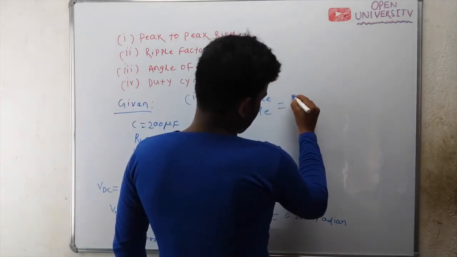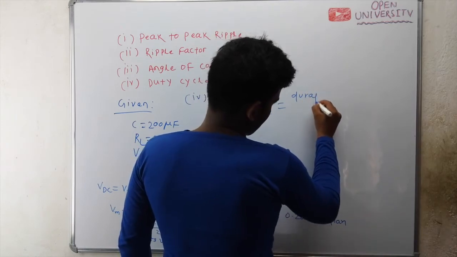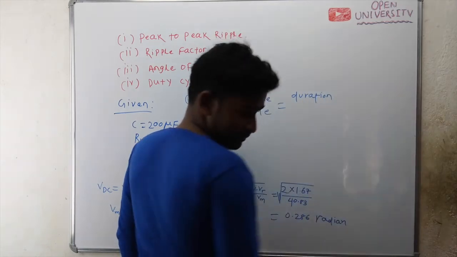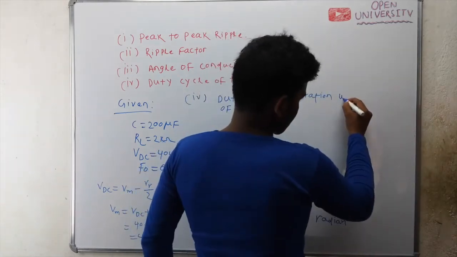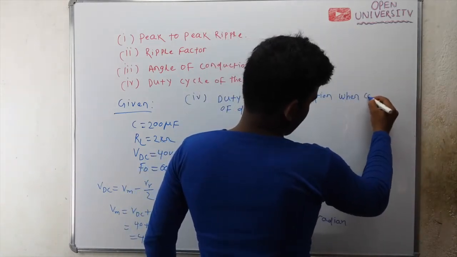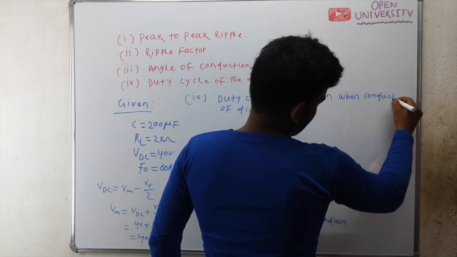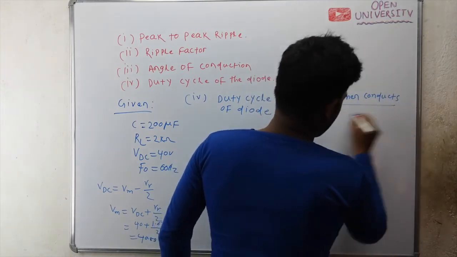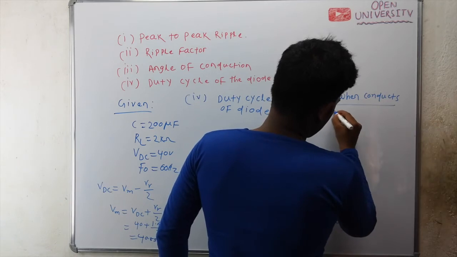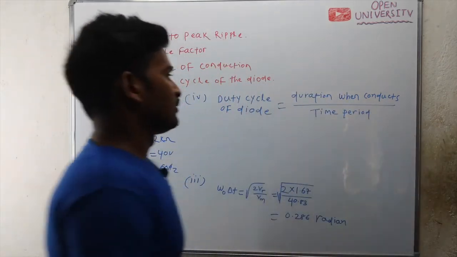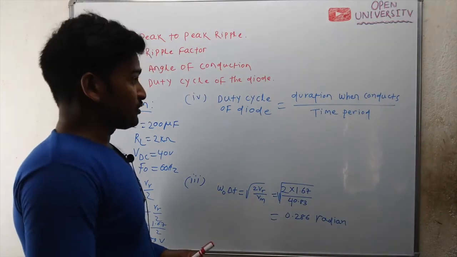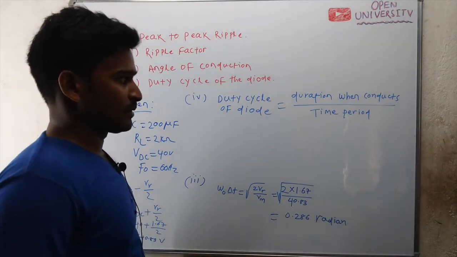It is the duration when your diode conducts, divided by time period.